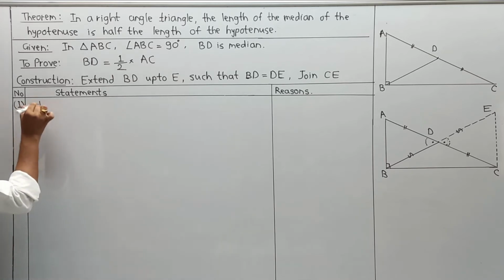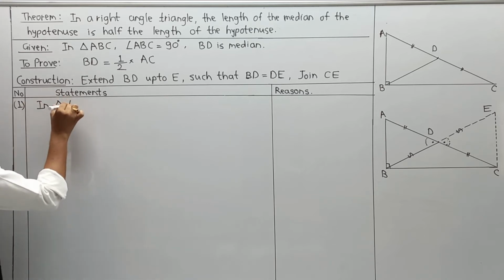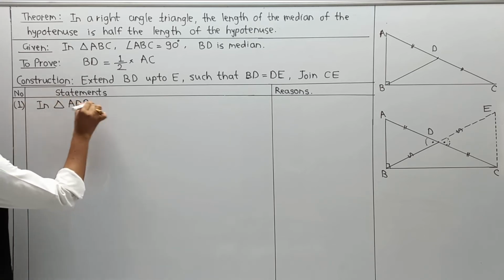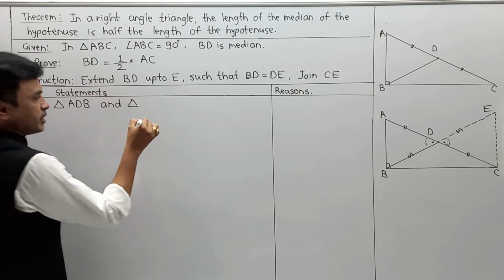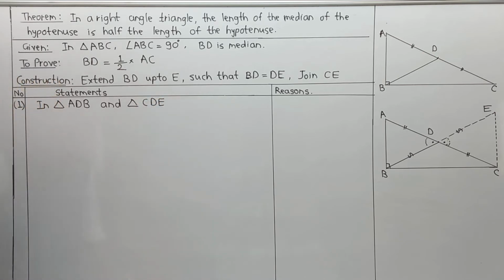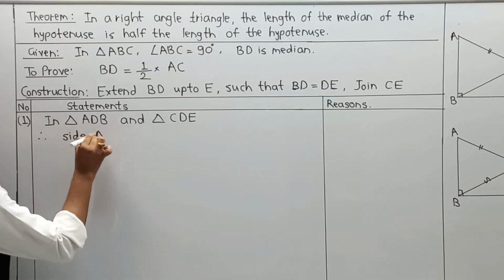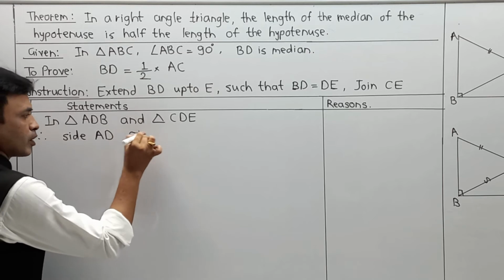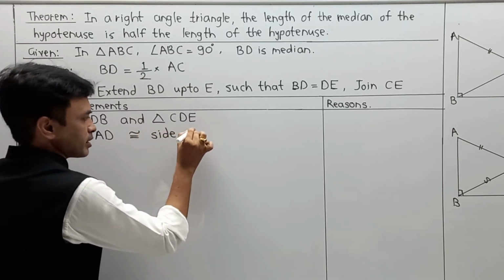So in triangle ADB and in triangle CDE over here, first AD is congruent to CD, side AD congruent to side CD.